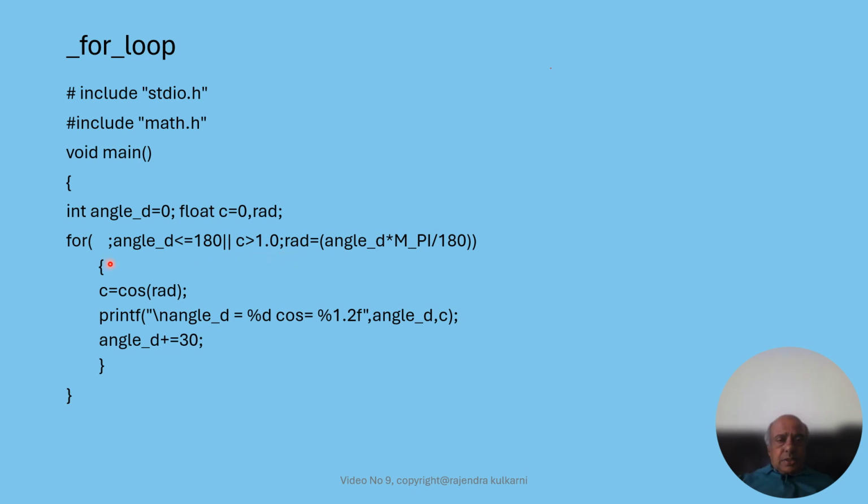In the comparison or the test expression, what we are testing is whether angle underscore d is less than or equal to 180. Till the angle is 180, the loop will execute.